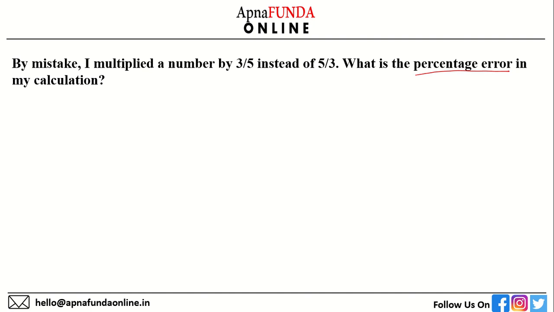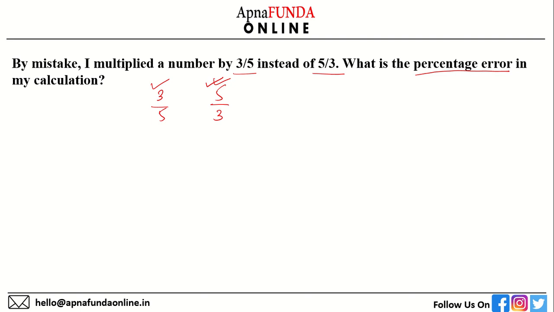So there are two results: the result that I arrived at, and the result that I wanted. So I had to multiply by 5 by 3, but I did it by 3 by 5. So there are two fractions over here, 3 by 5 and 5 by 3.